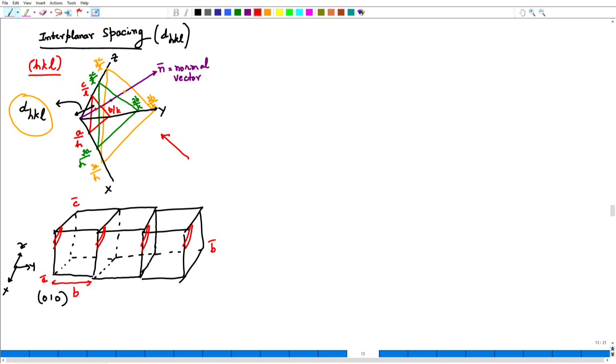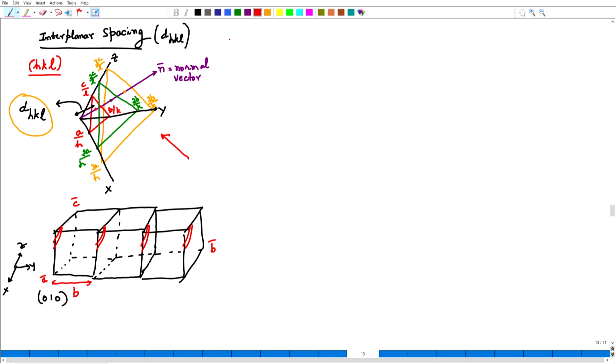So, first we are going to look at how to derive the interplanar spacing for those lattices whose unit cells have axes which are orthogonal to each other, perpendicular to each other.